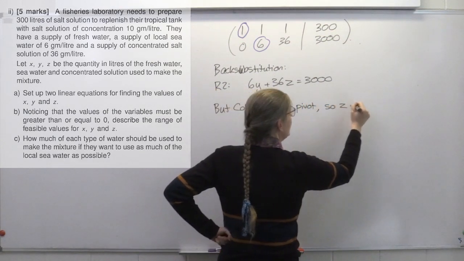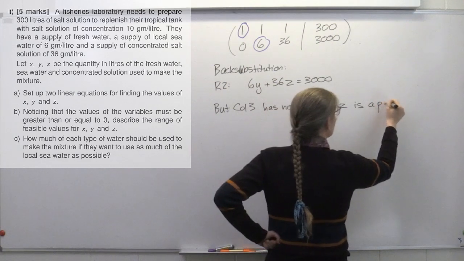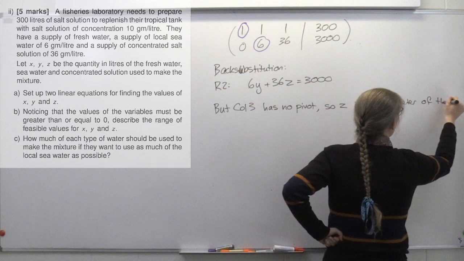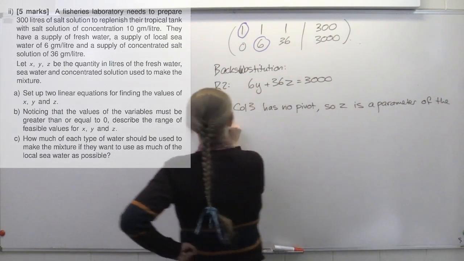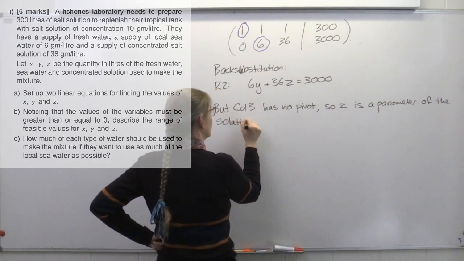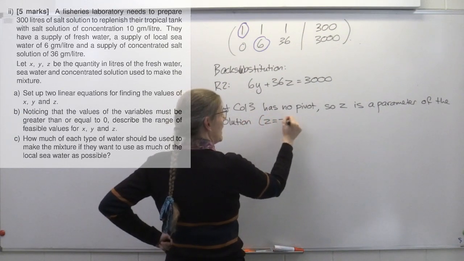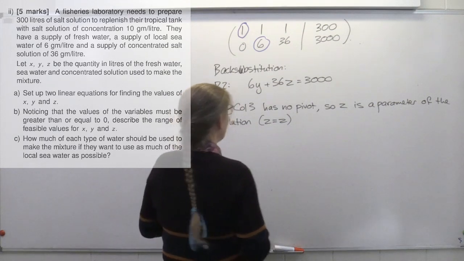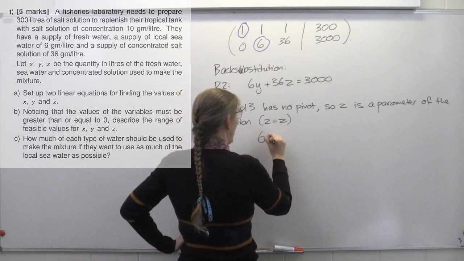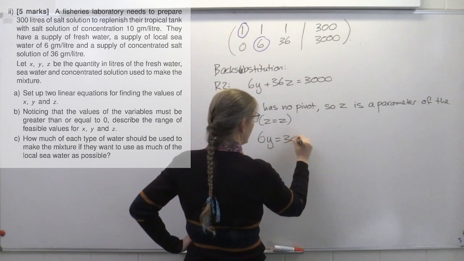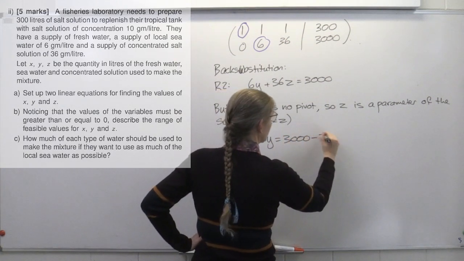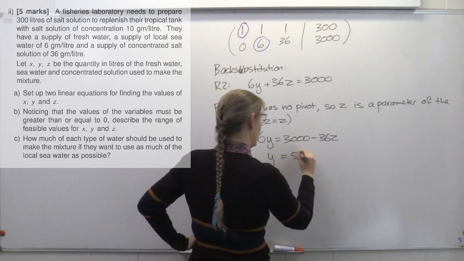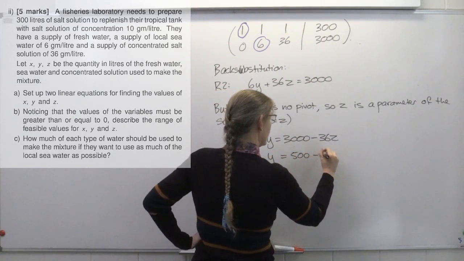So z is a parameter of the solution. z just equals z. You can call it t, but let's just call it z. So 6y is equal to 3000 minus 36z, or in other words, y is equal to 500 minus 6z.